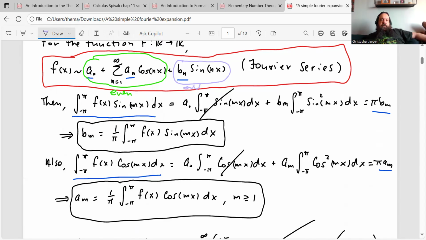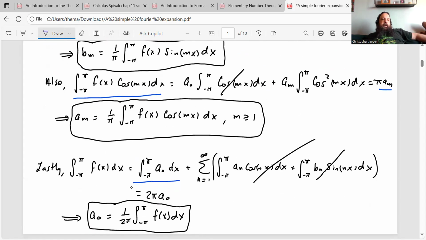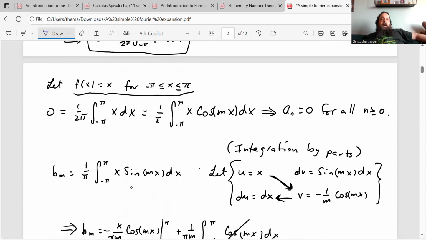The summation applies to both of the terms here, but the summation of the bn sine nx gives you an odd function. So just to call back to what I did yesterday in the problem of the day, if you watched it. Okay. Anyway, let's get back to what we were doing today. I want to find the Fourier expansion for f of x equals x for all x between negative pi and pi. I should probably say continued with period 2 pi.